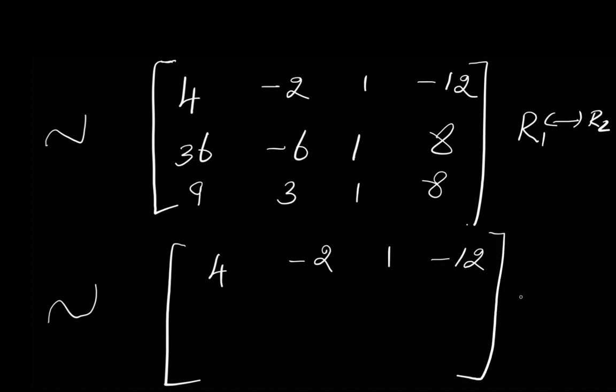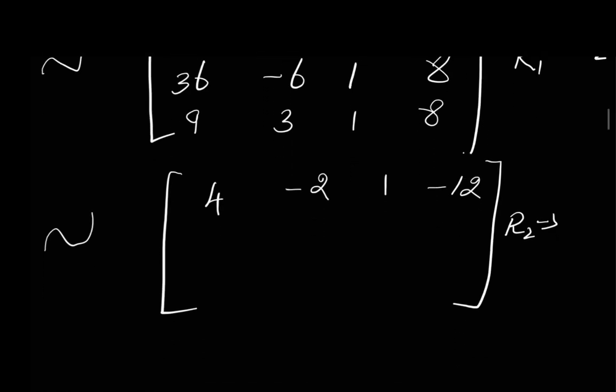Second row is R2. So when this becomes 0, we have to compare it with R1. This 4 must change to 36, so I have to multiply by 9 and then subtract from R2. So R2 minus 9R1. 9 4s are 36.